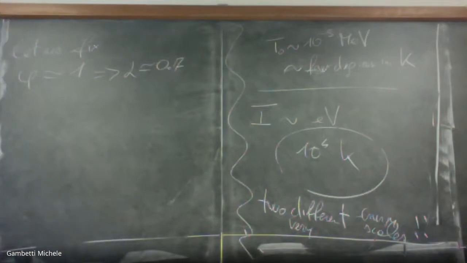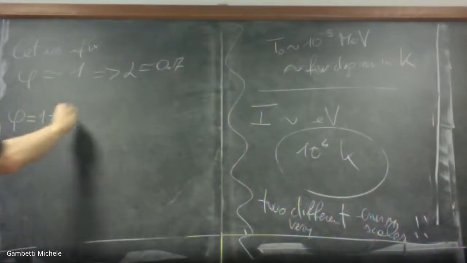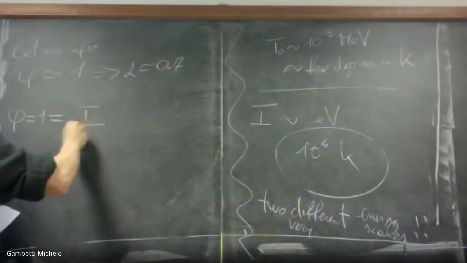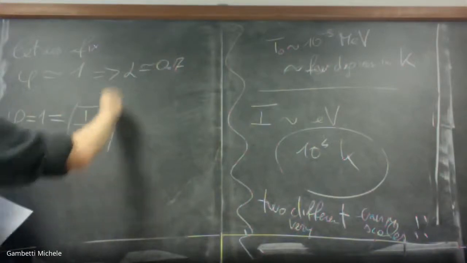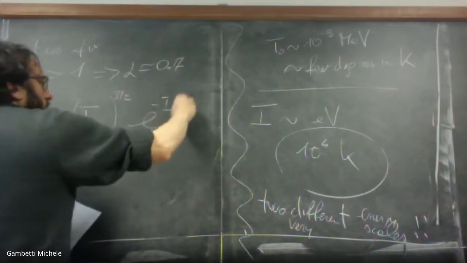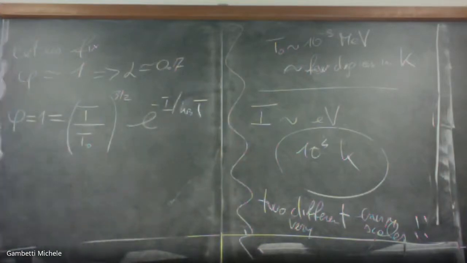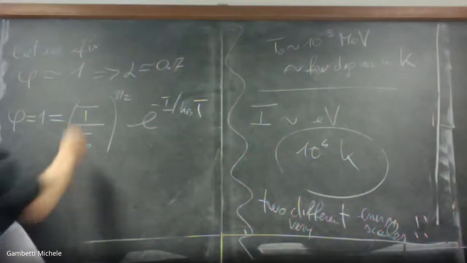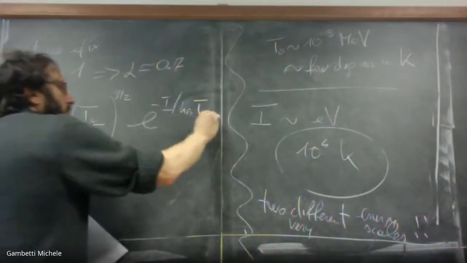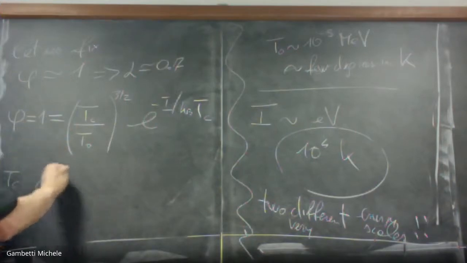Now, phi is equal to 1, and phi in turn was equal to the temperature divided by T0 to the power of 3/2, times the exponential of minus the ionization energy divided by kB T. So now let me put here Tc, let's call it a critical temperature.